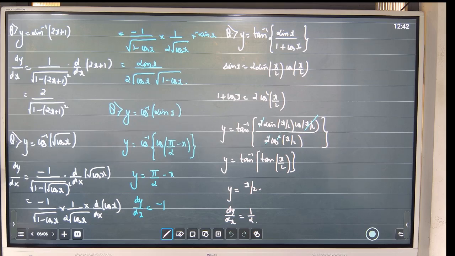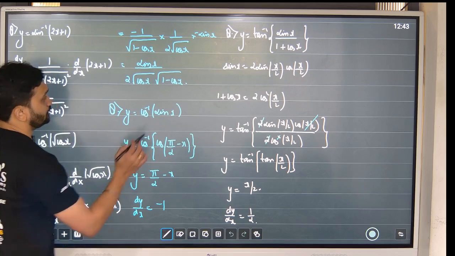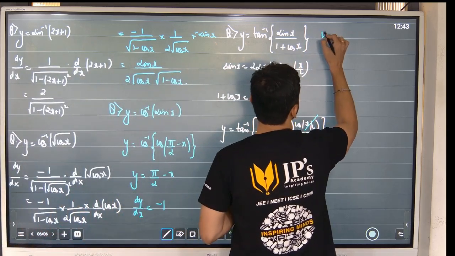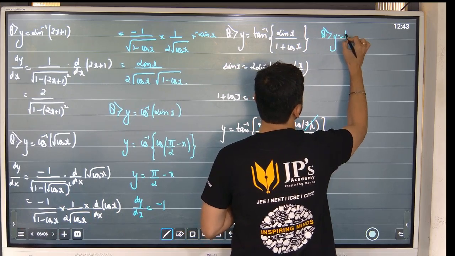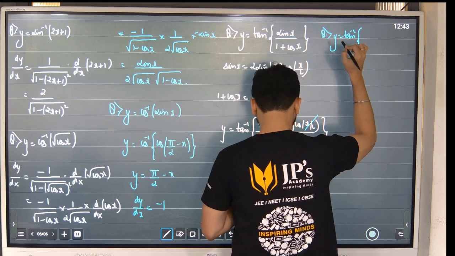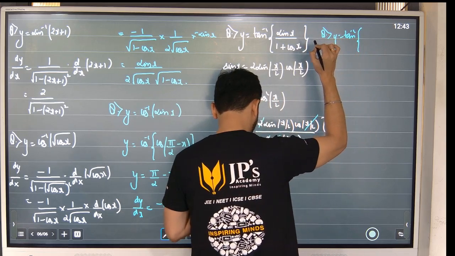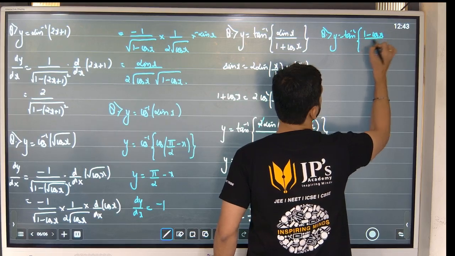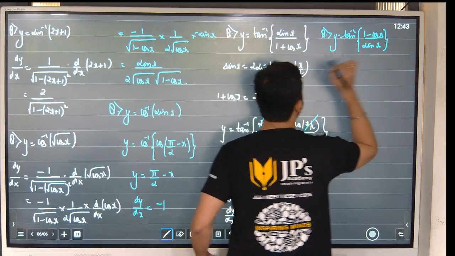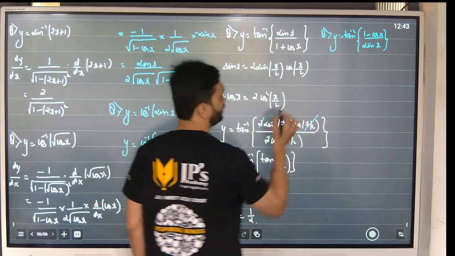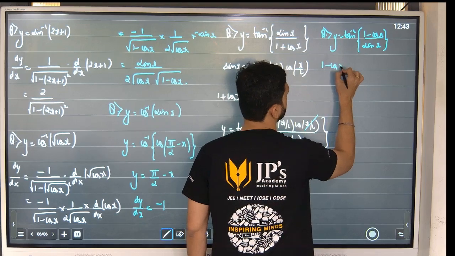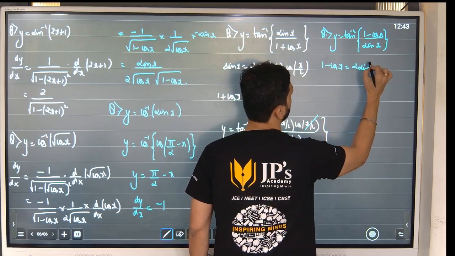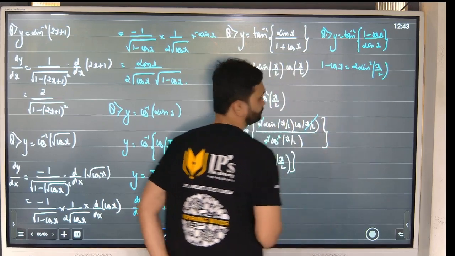So let's take one more question. Let's do one more question. Y is equal to tan inverse of 1 minus cos x upon sin x. Now I have written the formula for 1 plus cos x, so I'll write the formula for 1 minus cos x, which is 2 sin square x by 2.